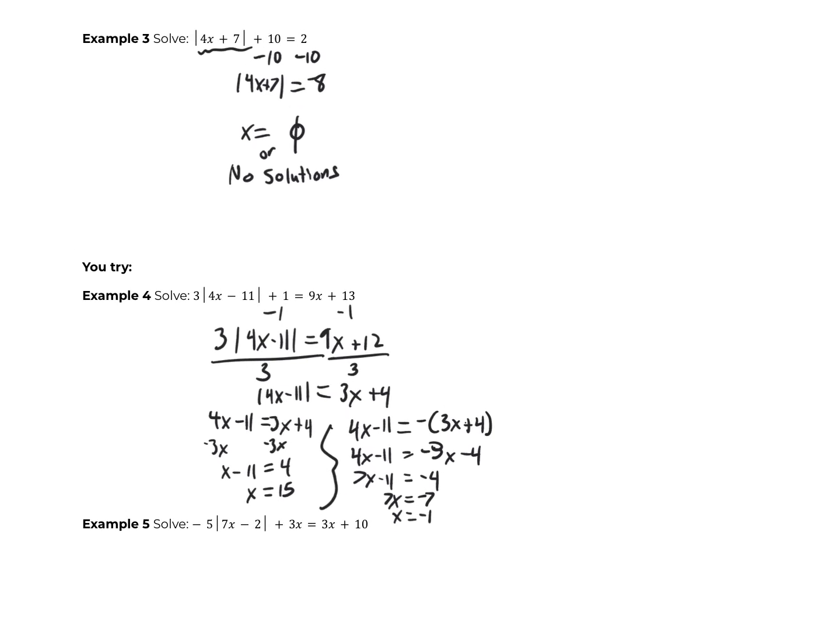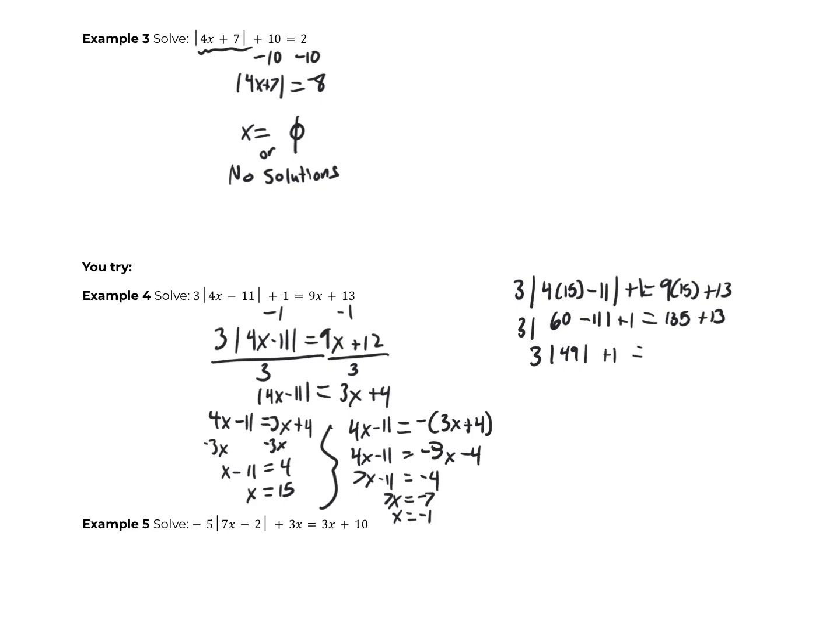So now we'll plug that in. 3 times the absolute value of 4 times 15 minus 11, plus 1, equals 9 times 15 plus 13. So 4 times 15 is 60. 9 times 15 is 135. 60 minus 11 is 49.